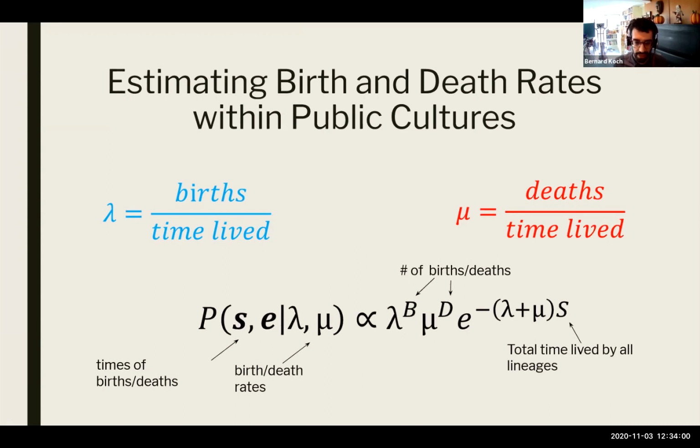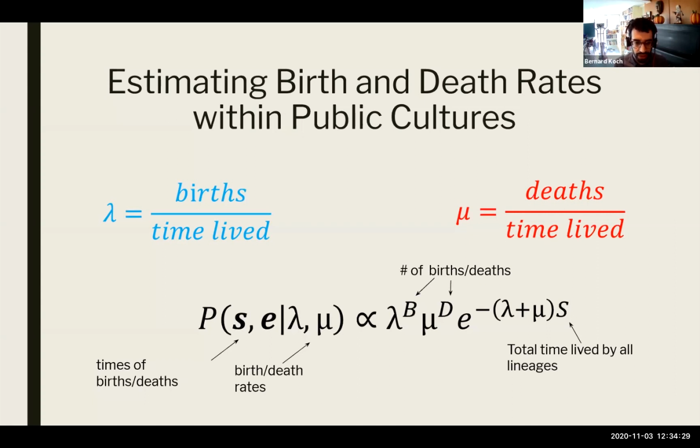So lambda is the birth rate and mu is the death rate. We have 2 event components, and then we have exponentially distributed waiting times for both birth and death. And again, this is continuous time. More intuitively, we thought about births over total standing diversity, but here we're going to look at total time lived by the population, because in any moment during an individual's lifespan, they could give birth or die.